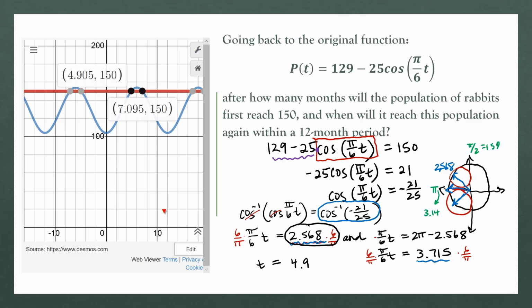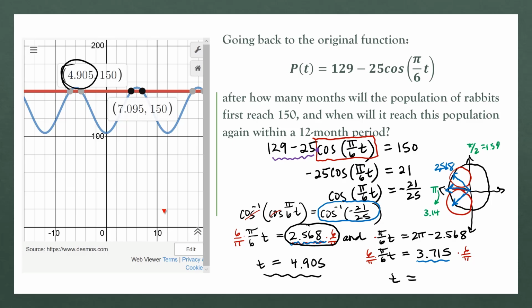Rounding to three places, that'd be 4.905, and that makes me really happy because there it is in our graph. Let's hope that this second calculation gets me the 7.095, and I think that it does.